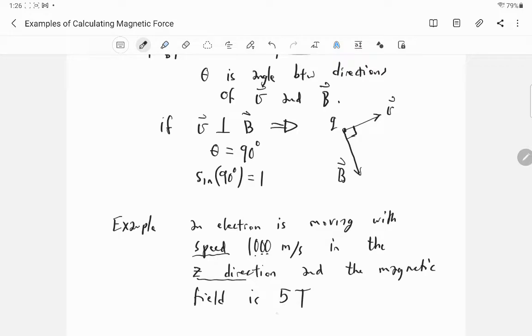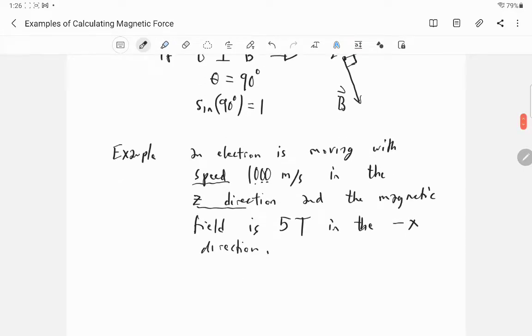But we're talking about some strong 5 Tesla field in the negative x direction. So we'll say that the motion is in the plus z, and the magnetic field is 5 Tesla in the negative x direction.